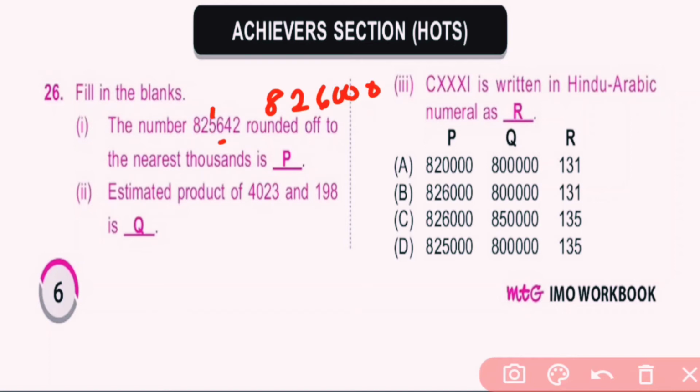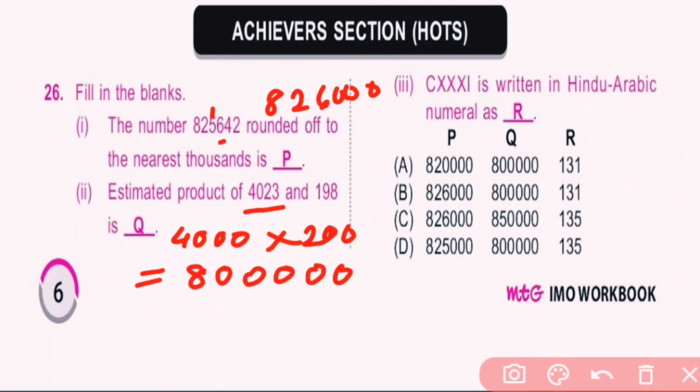Question 2, estimate the product of 4023 and 198. So we first estimate 4023 to 4000 and 198 to 200, and the product is 8 lakhs. And CXXXI written in Hindu-Arabic numerals is: C is 100, X is 10, I is 1. So 131. So B is the right answer.